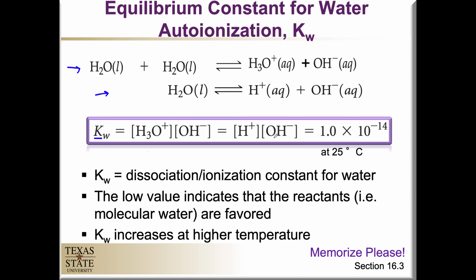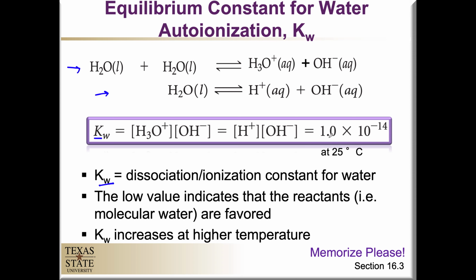Since I said that both of these equations are really showing the same process, those two are actually identical. And notice that I have called it Kw in this case, where the W basically indicates that we're talking about the dissociation or ionization constant for water, right? So Kw is going to be the equilibrium constant basically for the dissociation or ionization of water.